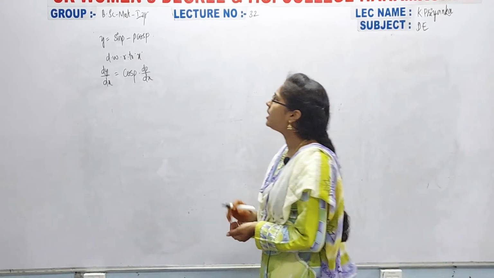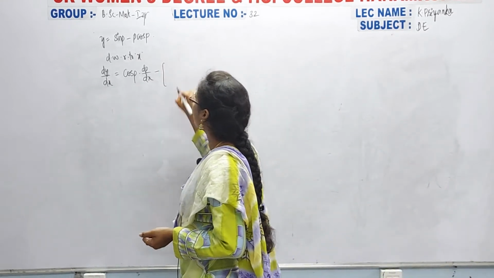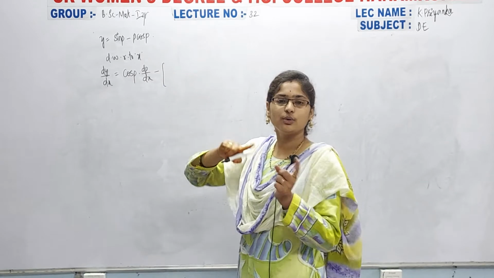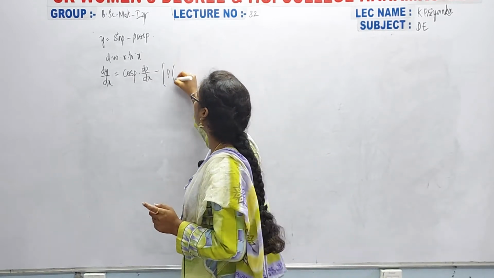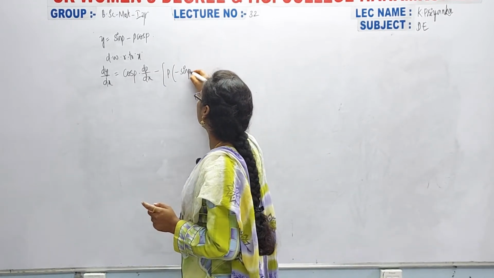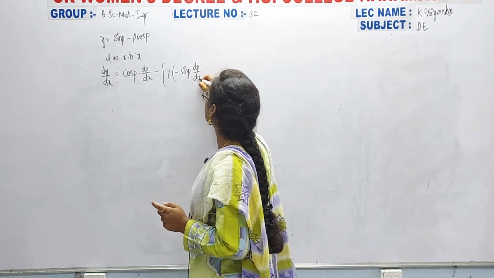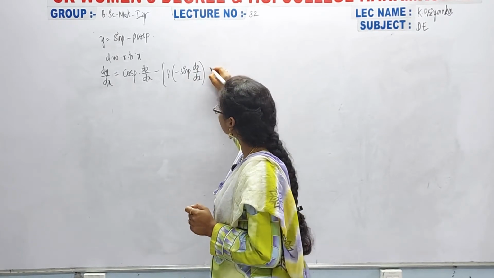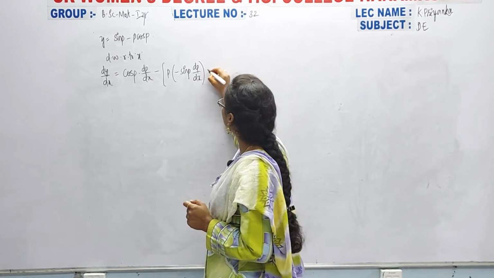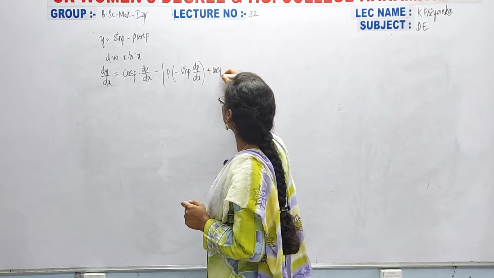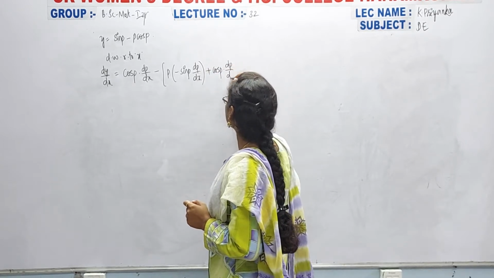So that's why here minus, again what we have here, p into cos p, u into v formula, p into minus sin p into dp by dx. And next we will get plus cos p into dp by dx.